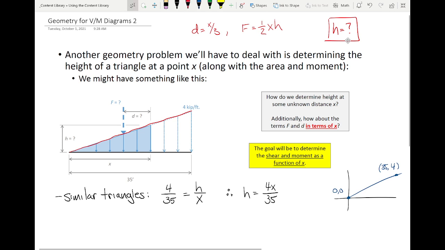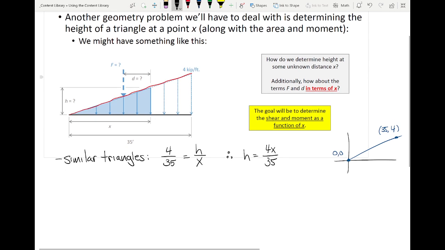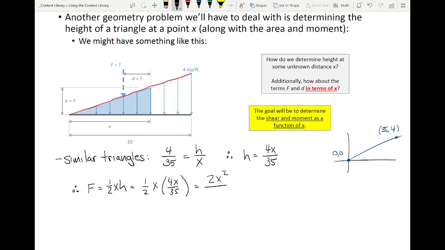So therefore, if f is 1/2 xh, I can say 1/2 x times 4x over 35, which is what? 2x squared over 35. You see what I did?